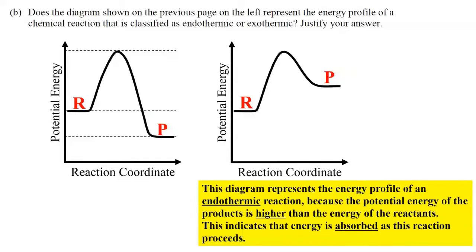This indicates that energy is absorbed as the reaction proceeds. So when you finish at a level for the products that is lower than where you started for the reactants, it's exothermic. And if you finish at an energy level of the products that's higher than where you started for the reactants, that would be endothermic.